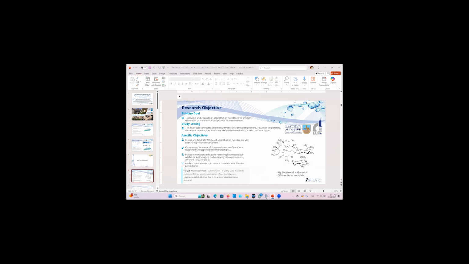Furthermore, we evaluate the membrane efficiency in removing pharmaceutical waste. For example, we chose azithromycin because it's a broad-spectrum antibiotic used in the pharmaceutical industry, and it is also found in wastewater as a pollutant.